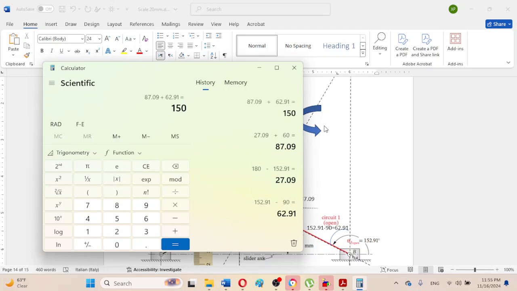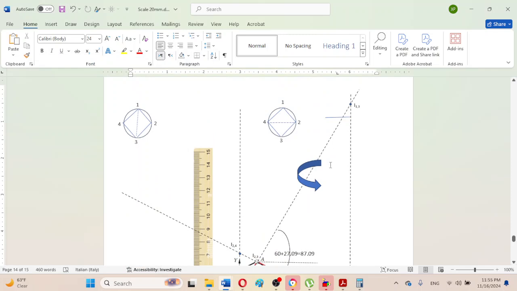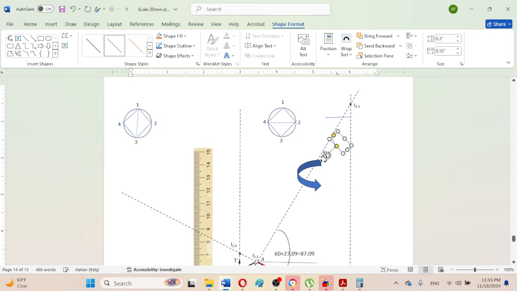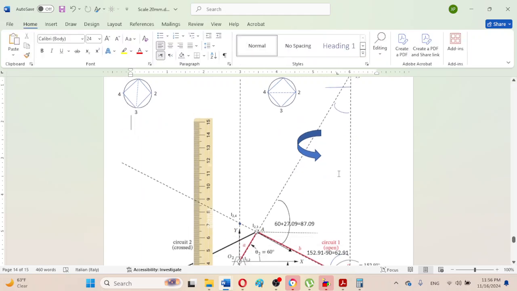So the third angle will be equal to 30 degrees.